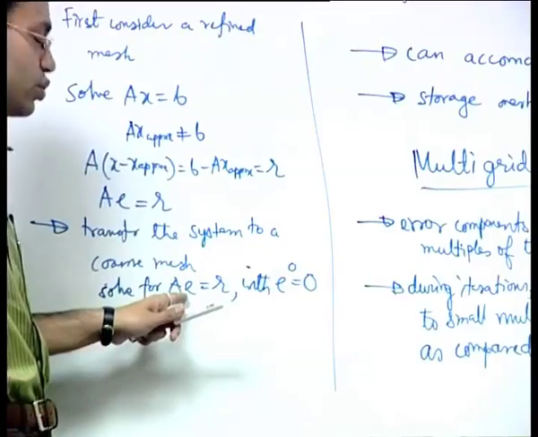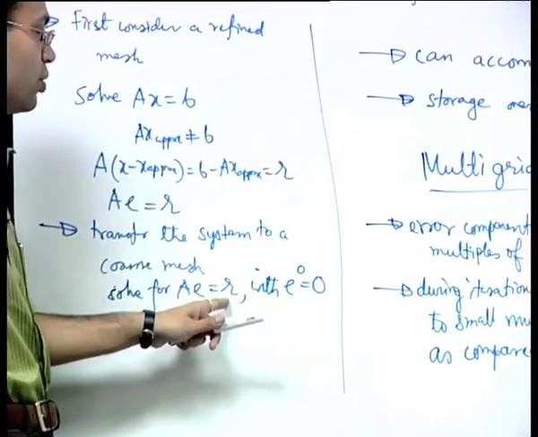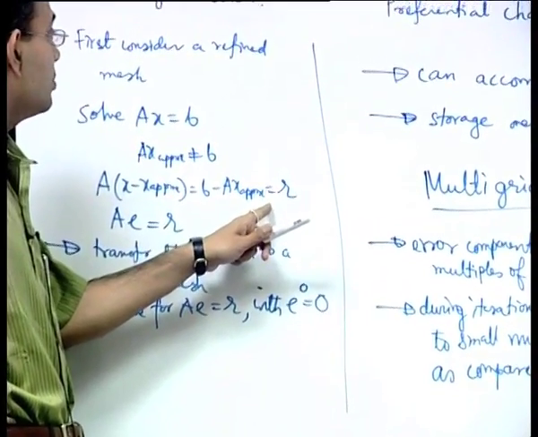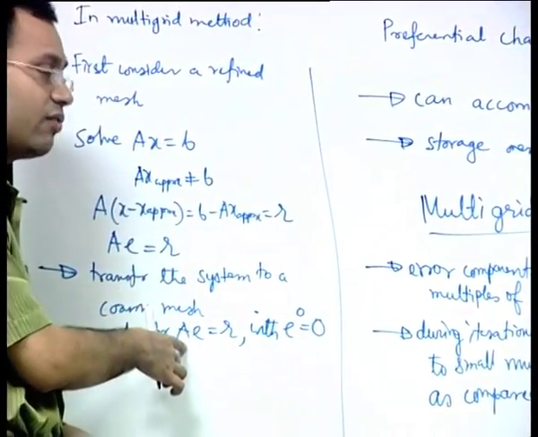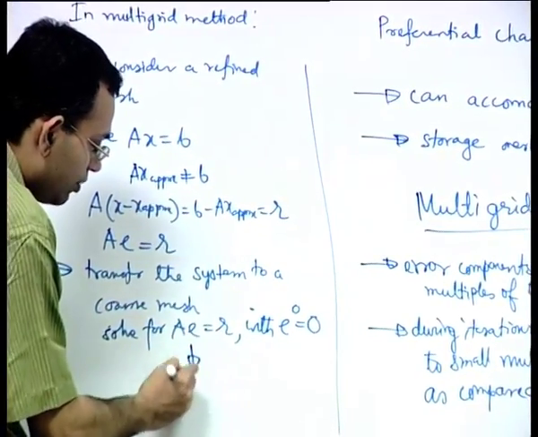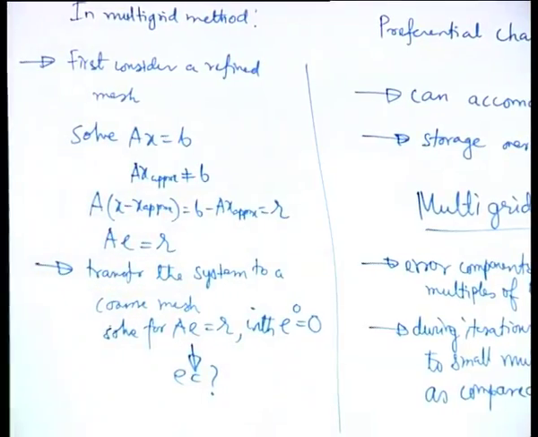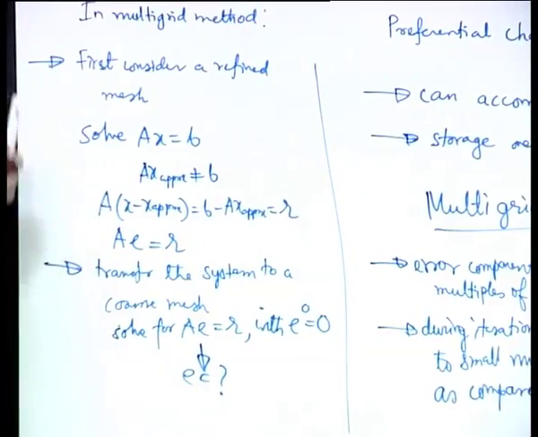You are interested to solve for E, for that the initial guess is 0, and the residual you have already got from the refined mesh, and that you can average just like how you averaged the coefficient A. So from here you can get E, then transfer this E back to the refined mesh.